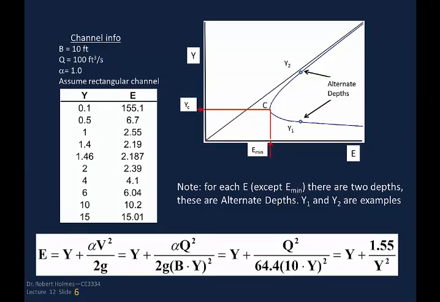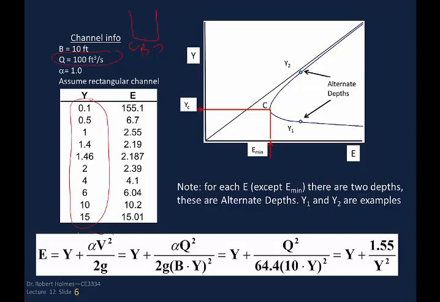If I've got a rectangular channel with a width of b at the bottom, and for a flow rate of 100 cubic feet per second, I can assume a bunch of different values of depth and plug that into my specific energy equation.